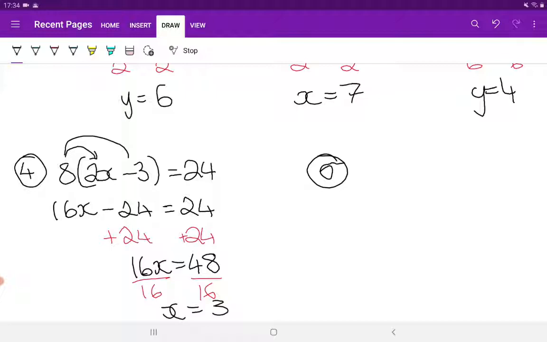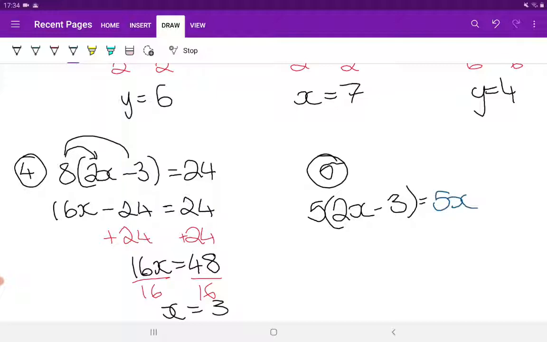And you could get a bracket question that's got a letter on the other side as well. So something like this, you could have something like 5 bracket 2x minus 3 equals 6x, say. No, it's not going to work. Let me just change that, guys, sorry. Let's go for 5x.